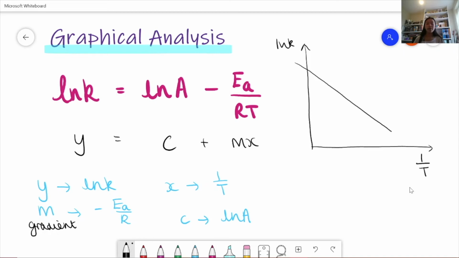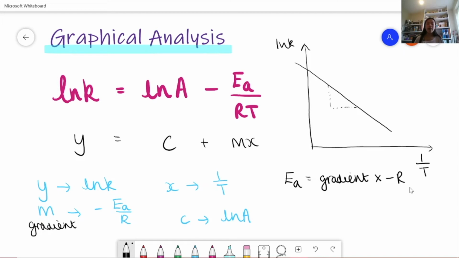So the way you find activation energy would be to find the gradient of the graph. That would be to draw a little triangle here and divide the difference in the y by the difference in the x. You do the gradient multiplied by minus the gas constant.